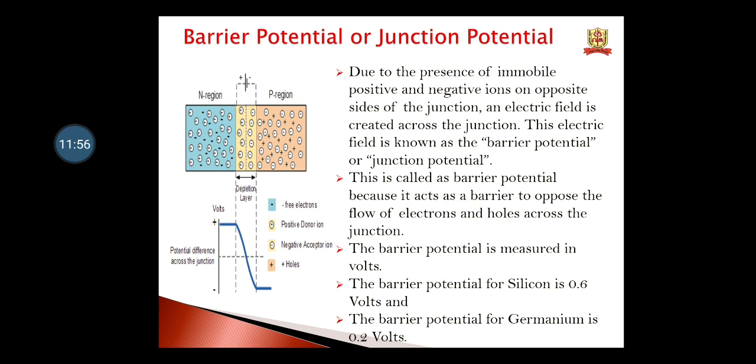The barrier potential is measured in volts. So there is a small electric field in this depletion region, and that is called the barrier potential. The barrier potential for silicon is 0.6 to 0.7 volts, and for germanium it is 0.2 to 0.3 volts.